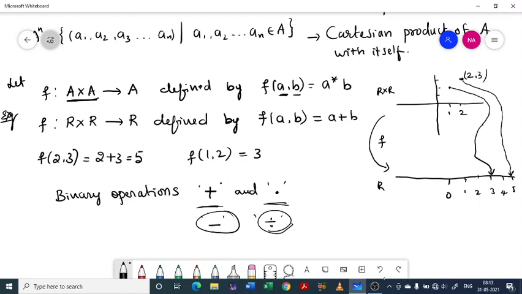So I'll just recall whatever we discussed in this class. We started with a set, which is a collection of homogeneous objects. That means we must have a common relationship between those entries. Such a collection is called a set.